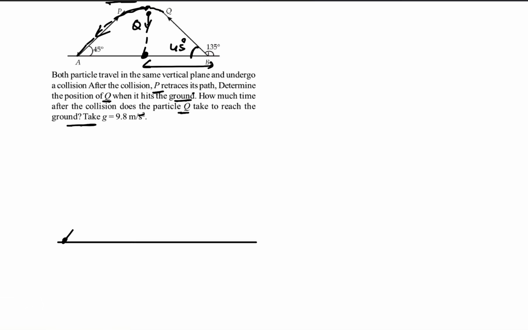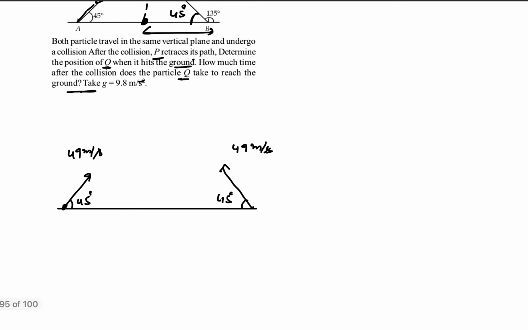You just observe that 49 meter per second, making angle 45 degrees. Second ball also 45 degrees, projected with 49 meter per second. Now you can write the 49 x-axis is u1x.